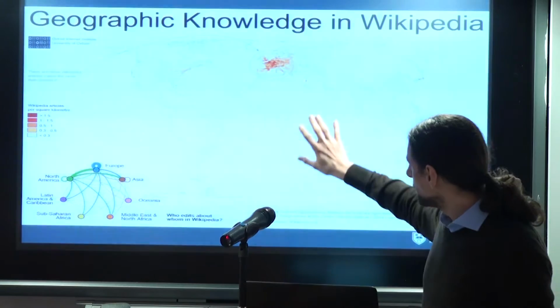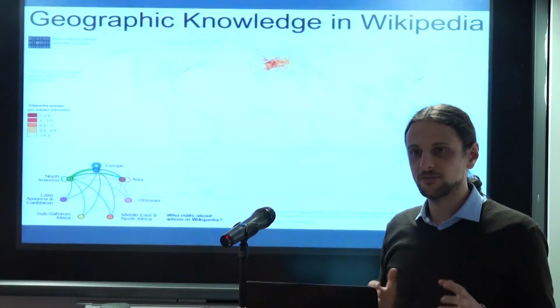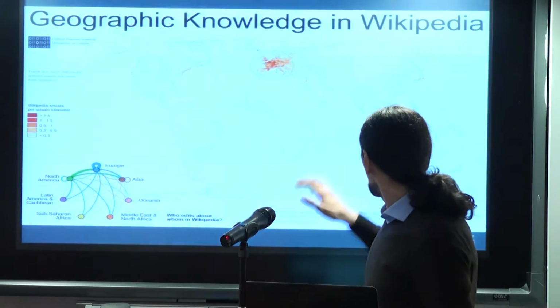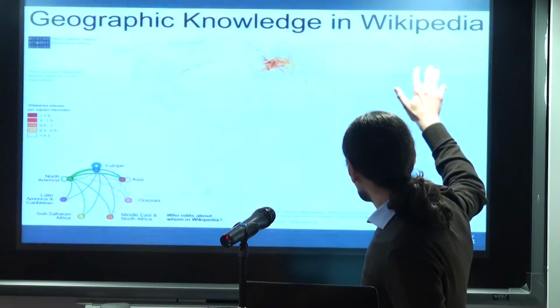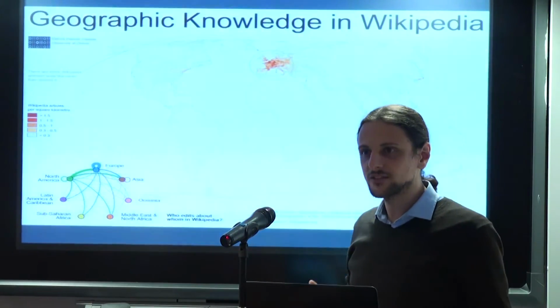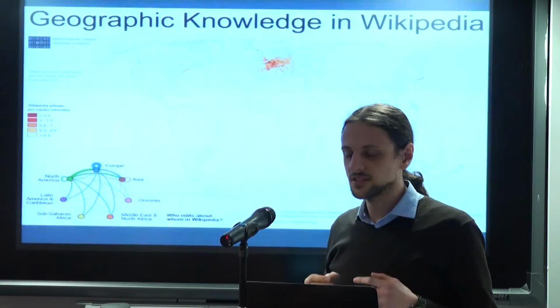And the whole of Africa includes only 2.5% of the whole geotags. And other entities like Japan and North America are relatively well covered, but still, the difference is astonishing.